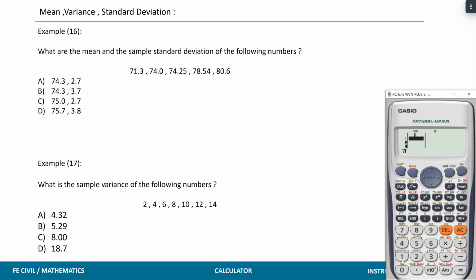The first one is 71.3, 74, 74.25, 78.54, 80.6.